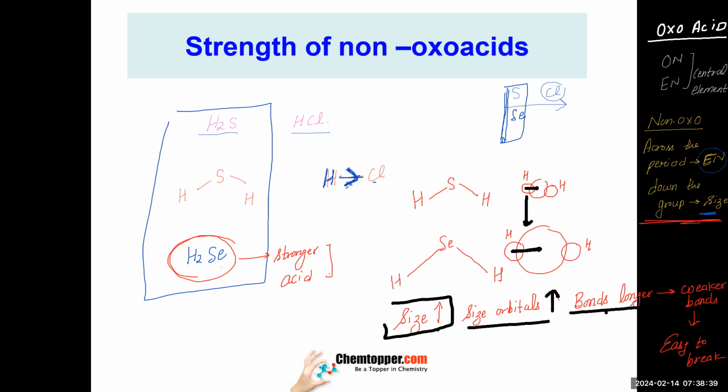As bond length increases, it becomes weaker bond. Weaker bond means easy to break. Easy to break means more acidic. You can take out hydrogen more easily. So please, these things we did in the last class, Sunday extra class.